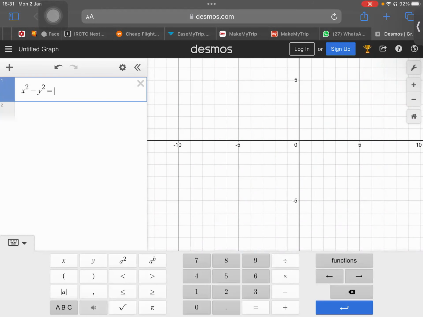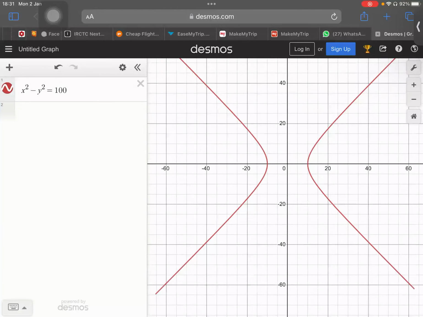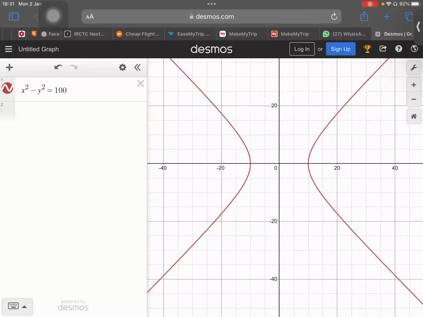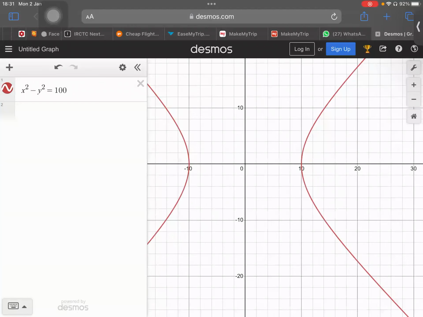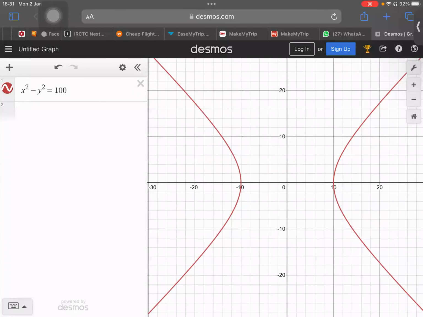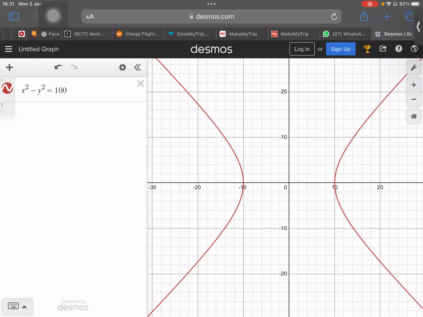So let's say you put 100. If you put 100, it will look like that. So this is your equilateral hyperbola. You see the curve here, and this equation: x square minus y square is equal to 100. That means 10 square, so here the values of a square and b square are 100.